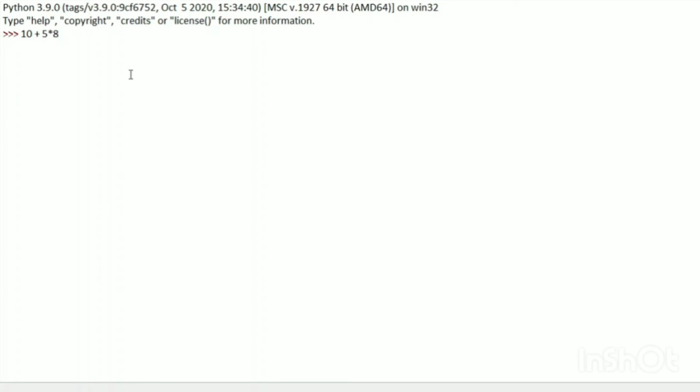I think you have calculated; I have given you much time. When I hit enter, it gave me the answer as 50. But why? Because it should be 10 plus 5, 15 into 8, which is 120. So why did it give me 50?